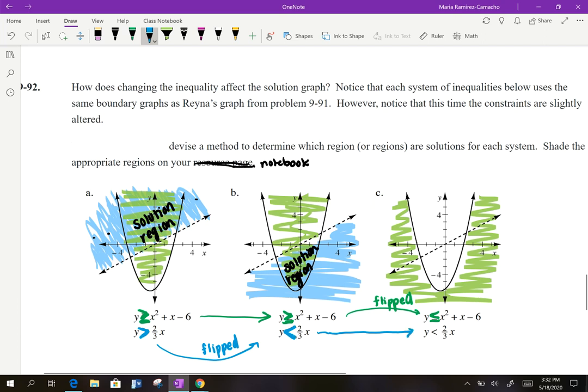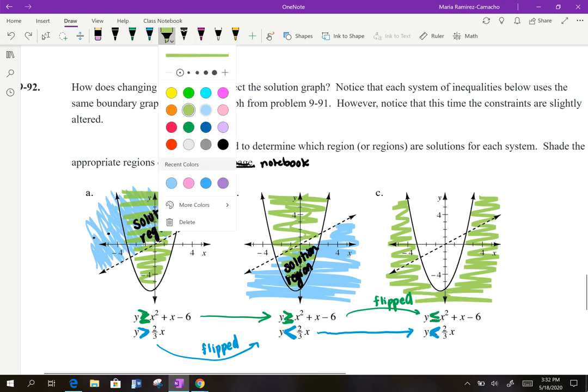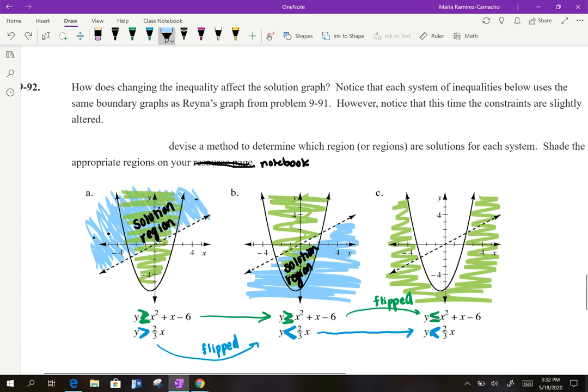It's still less than. So just like we did in part B, we're going to shade below the line. Okay, below. So now my solution region is out here. Okay, so that's it.